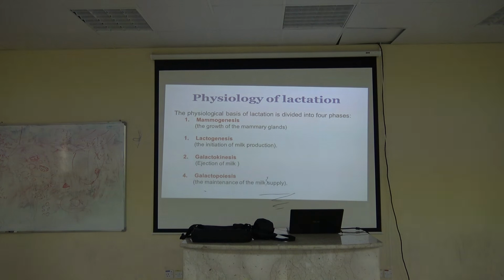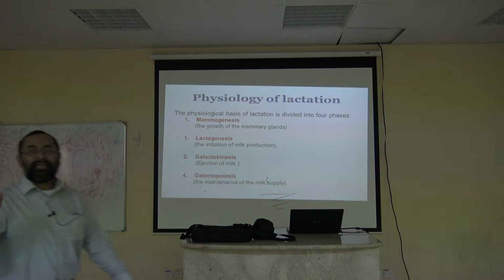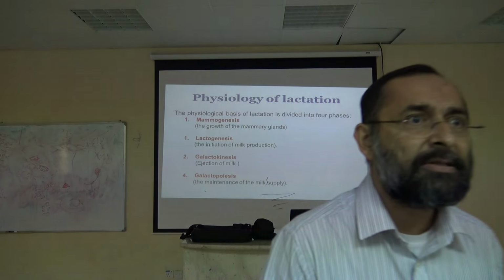At the same time, when mammogenesis is going on, lactogenesis starts at that time. That maturity of the gland comes in pregnancy, not before pregnancy. Mammogenesis is the requirement of the future phase, actually. Lactogenesis can start; now that is another question. Can lactogenesis happen before mammogenesis? Yes or no?